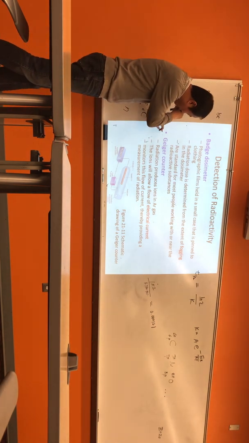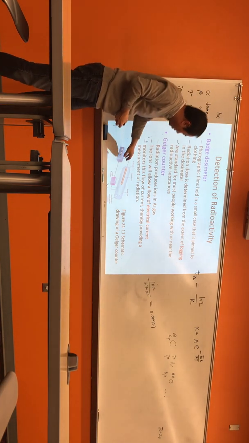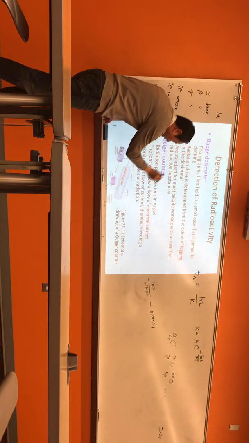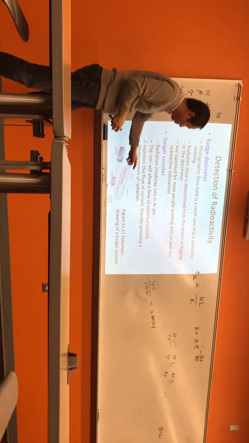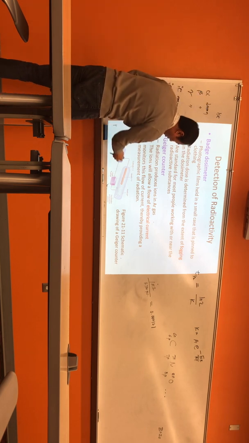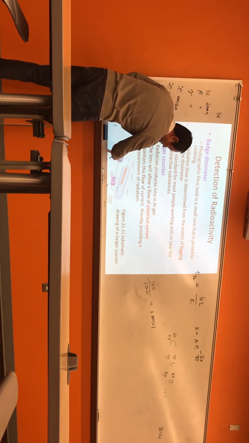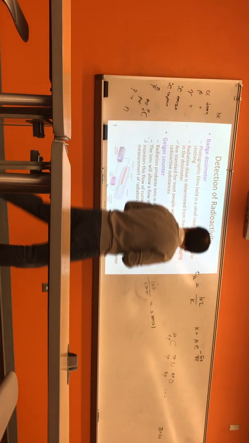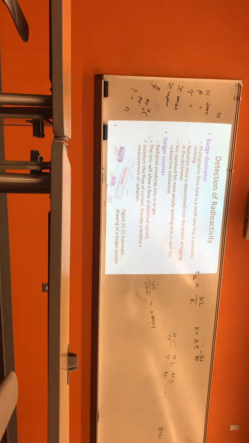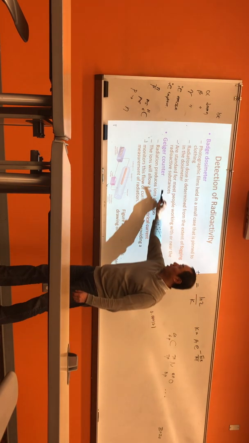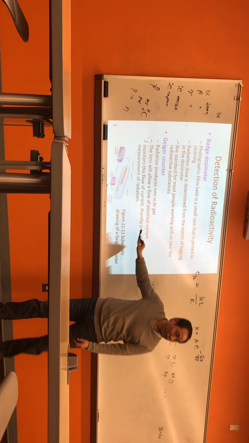Now a Geiger counter is a device that has argon gas inside of it. If radiation hits argon gas, it ionizes it. Argon is neutral, but it will become an ion, so it will carry electricity. The device catches that electric current and shows it. Okay, that's a Geiger counter. We just need to know how that works. The badge dosimeter uses how much fog it produces. The Geiger counter uses how much electric current is produced from radiation.